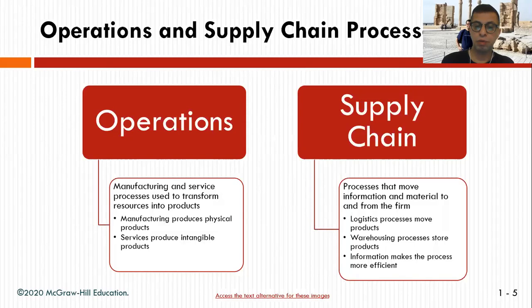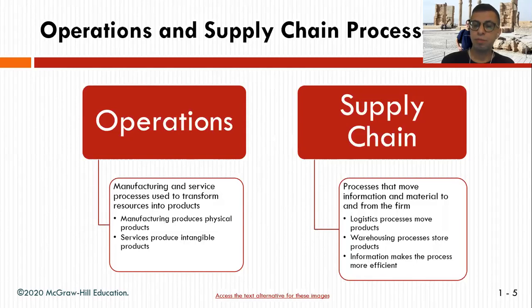Manufacturing produces a physical product, and then you have the service product, which is the intangible product. They both have certain specifications that we need to take into consideration when operating in a factory or a company in order to improve the business.